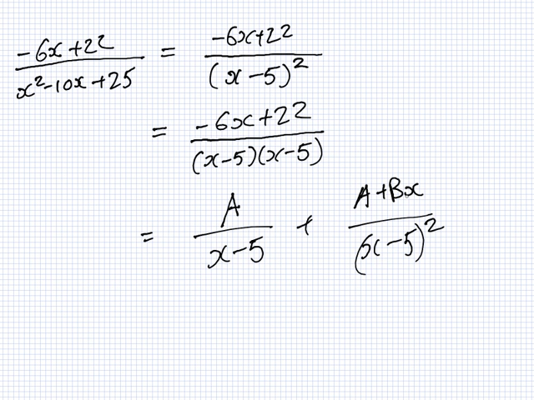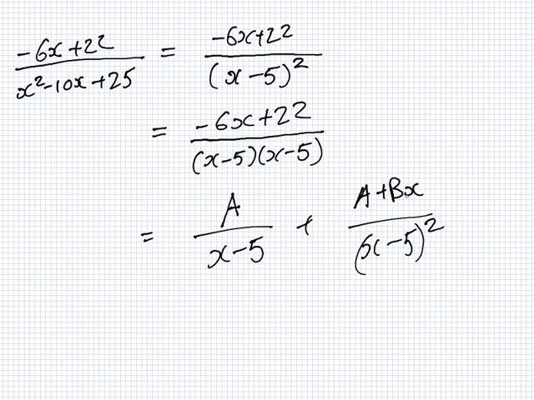The 1 and the minus 5 again, the original coefficients. So how many should I have on the top? 1. And how many do I have at the moment? 2. So that means I must delete A or BX. Which one do I delete? Either, it's your choice. You'll get a different answer, but a valid answer that will still work.